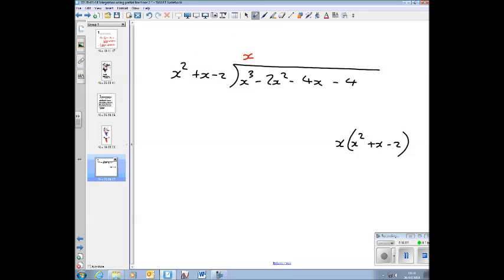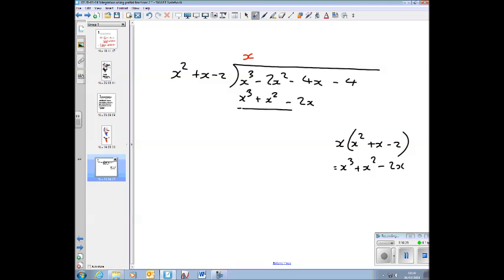As an aside, or in your head if you're feeling confident, what is x times this whole expression? Minus 2x, yeah. I put that underneath. X cubed plus x squared minus 2x.